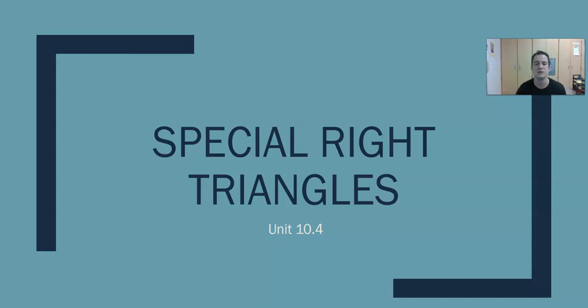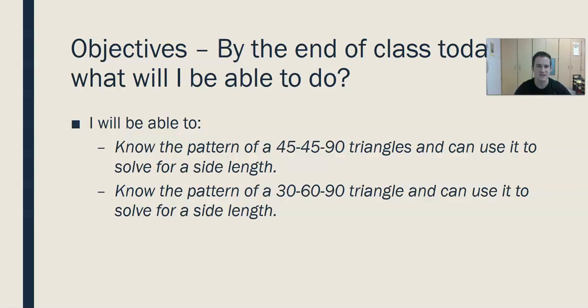So before we get into reviewing right triangle trigonometry, we're going to go over some special right triangles. There's some specific relationships that we know about, some very specific right triangles that are going to come in handy when we start talking about relating our right triangle trigonometry to the angle measurement type stuff that we've just discussed.